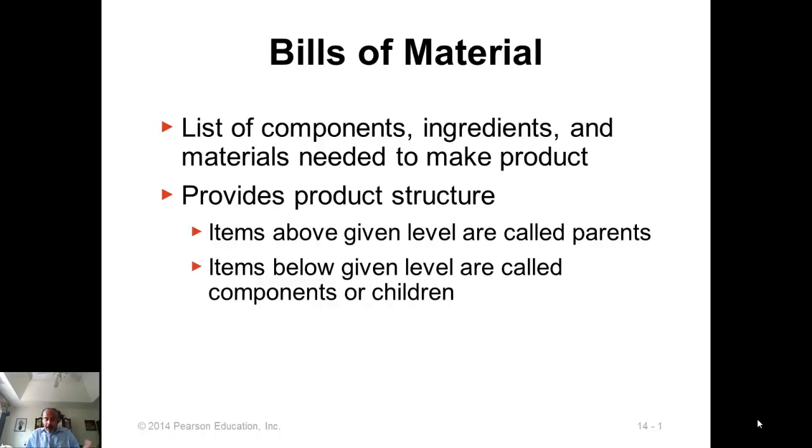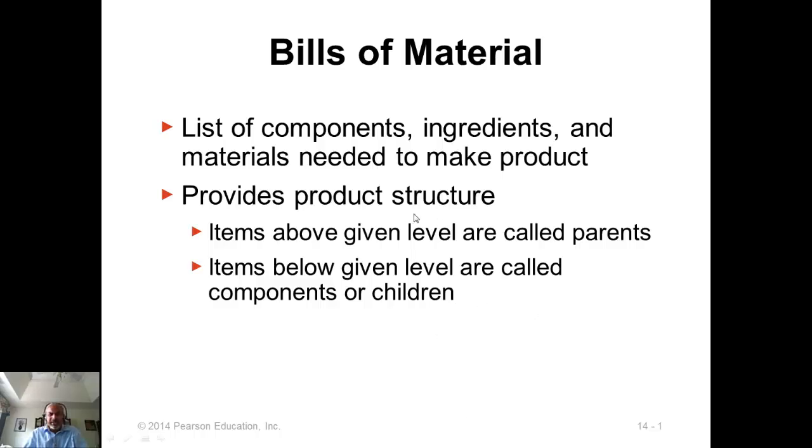So at the very bottom you may have like wheels, pedals, chain. Those are items that you may be buying from your vendors, and then how these different products are assembled into work in process products, intermediate assemblies, and then the intermediate assemblies are put together, and so on until finally the final product is assembled.